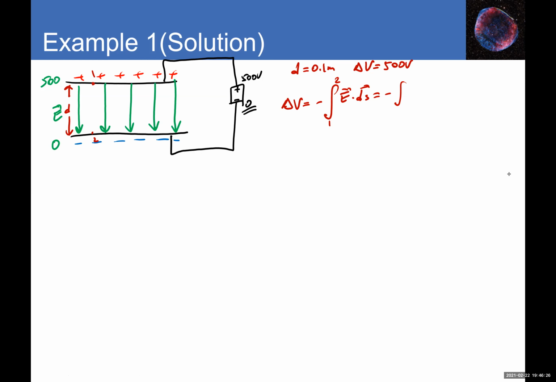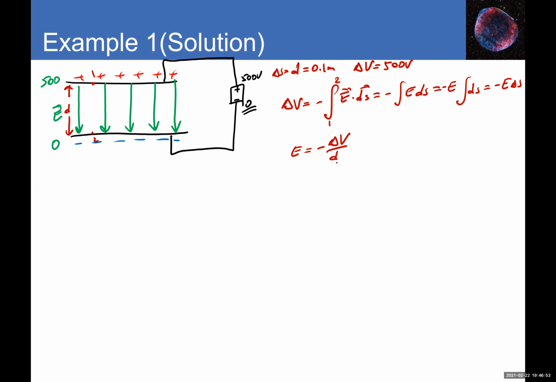When you have two parallel conducting plates, the electric field generated somewhere in the middle is fairly uniform. So it just becomes E ds, which means I can take out the electric field, leaving just ds, so this is just negative E delta S. Delta S is nothing but your D. That means the electric field is equal to negative delta V over D.